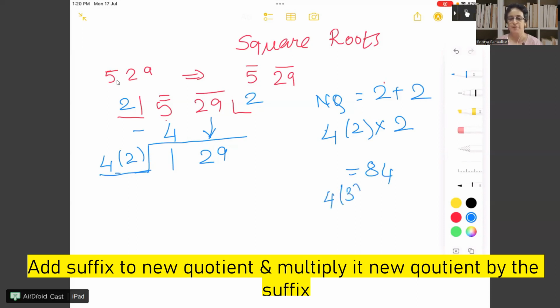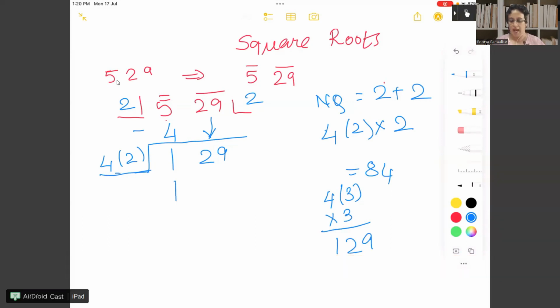So my new number becomes 43 into 3, and I realize that I get 129 only.